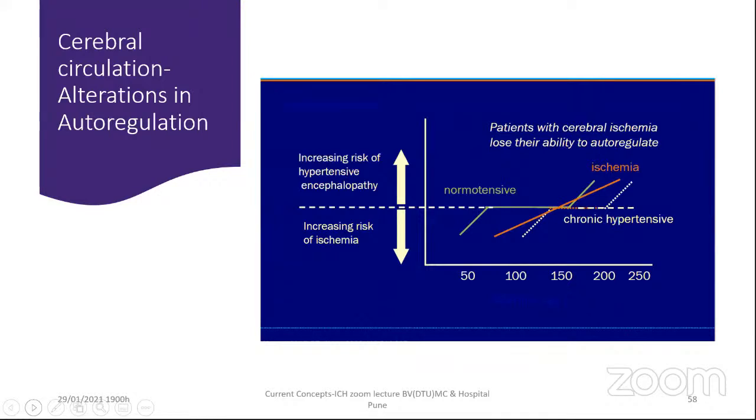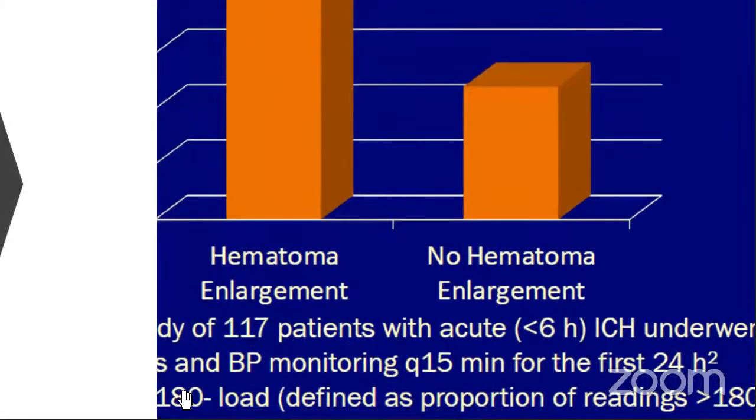So the cerebral circulation, the autoregulation, what we were thinking earlier: the chronic hypertensives have a curve which is shifted to the right. Normotensives have a different curve, the cerebral autoregulation.